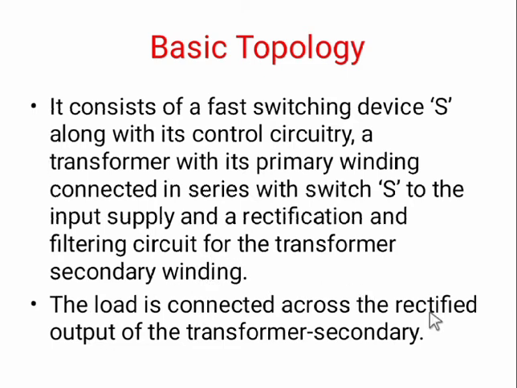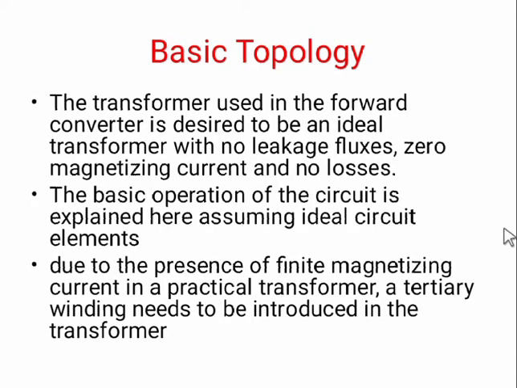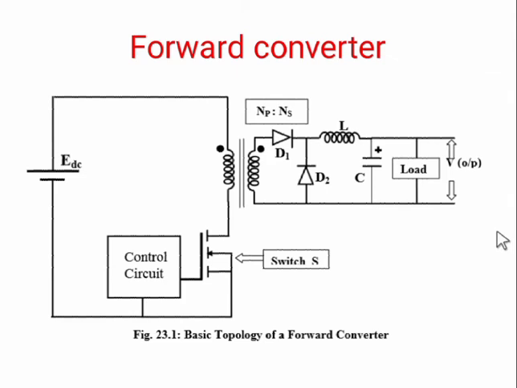The load is connected across the rectified output voltage and transformer secondary. This is the basic configuration of the forward converter, in which the primary winding is connected in series with the switch to the input supply, and the secondary is connected through the load with the LC filter.